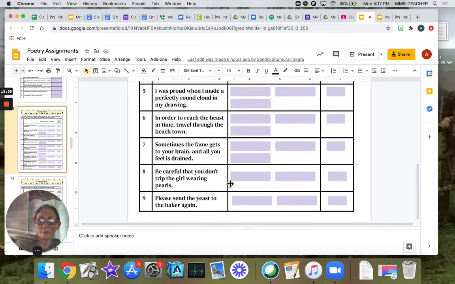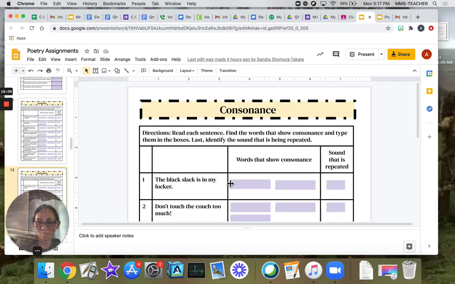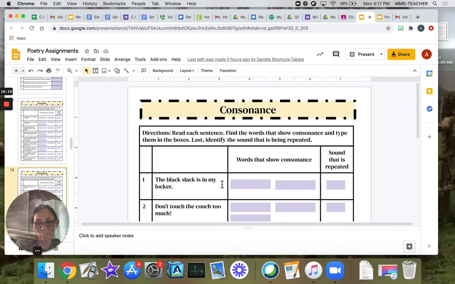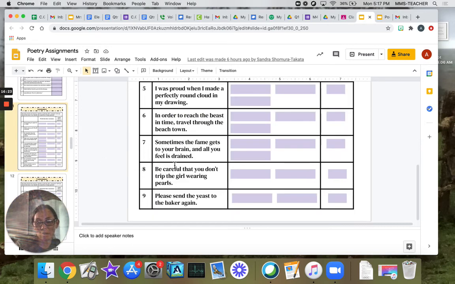Number 8, be careful that you don't trip the girl wearing pearls. And number 9, please send the yeast to the baker again. Okay, so that was your assignment for assonance. Remember, it's the vowel sound that's repeated.